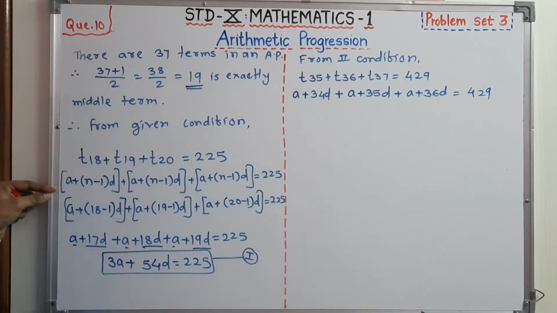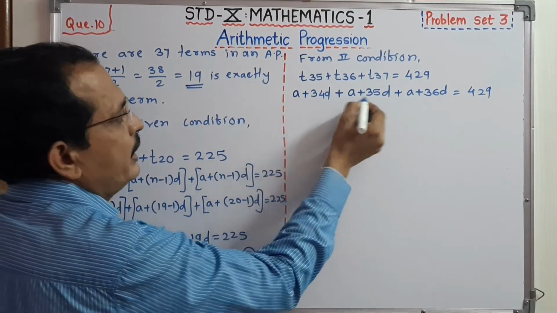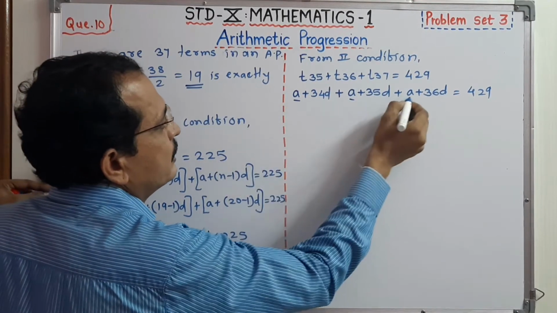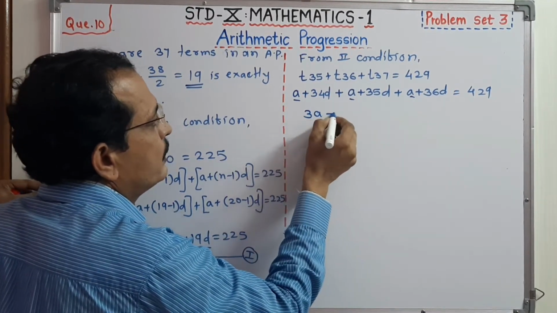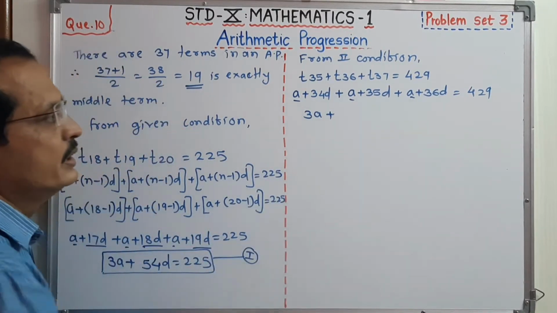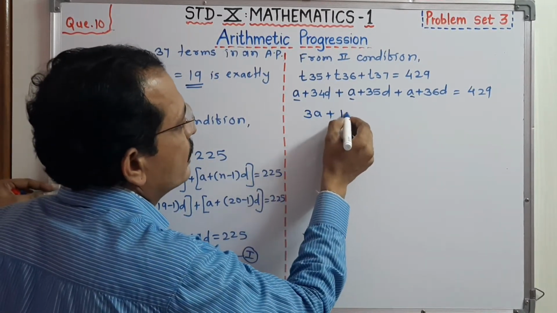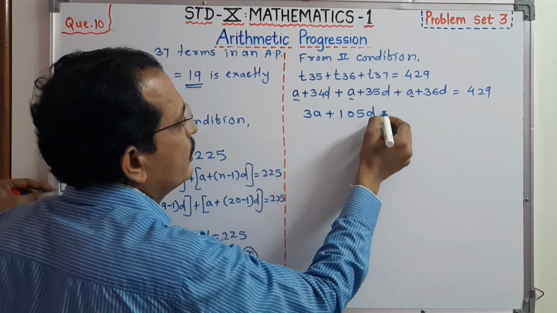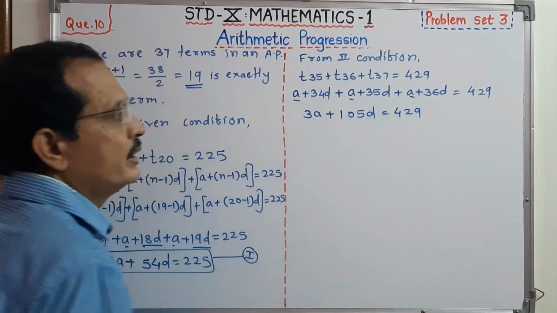I write it directly. Now see, it is 3a plus 34d, 35d and 36d, that is 105d, is equal to 429.